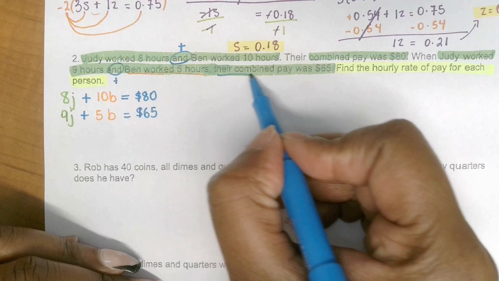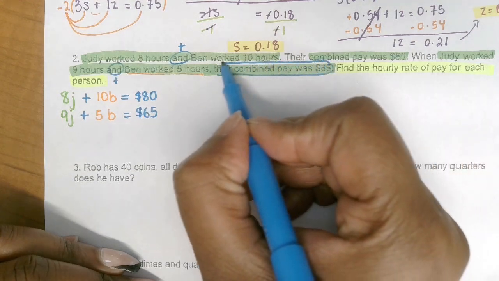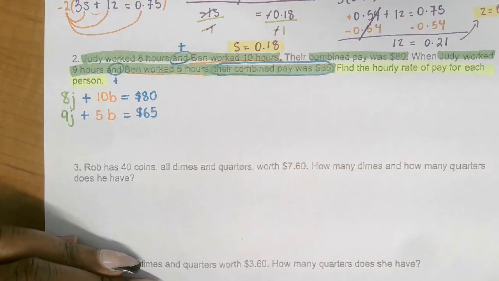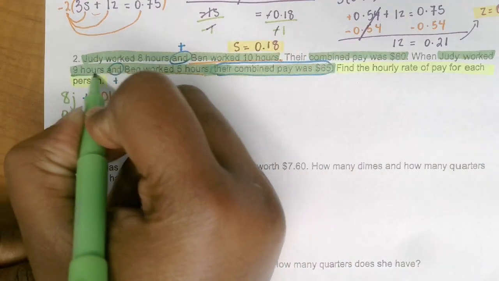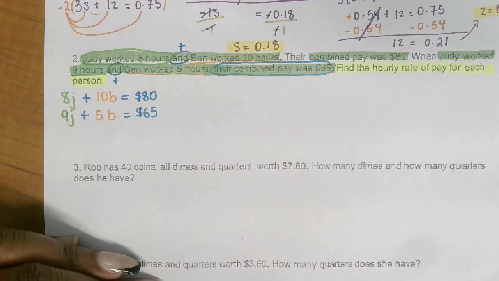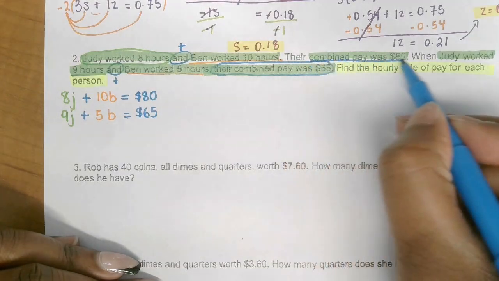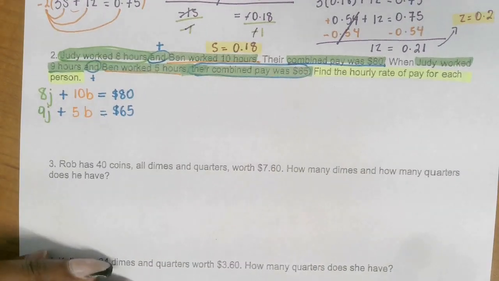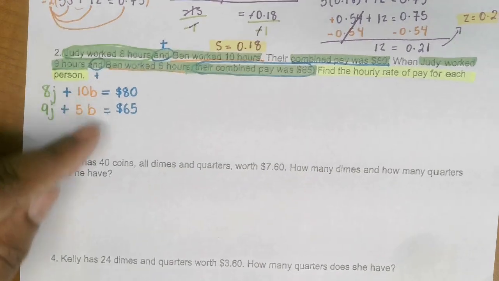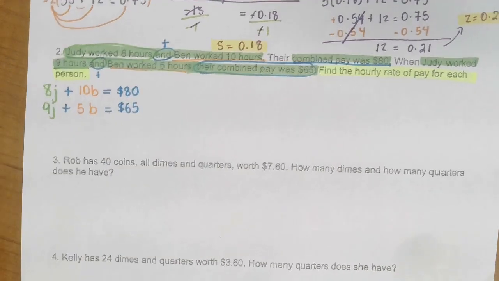If you need a minute, definitely pause the video, rewind, and if you need to look at this again, what I just did, how I grabbed that information, definitely do that. Don't move on until you understand what each of these colors mean.